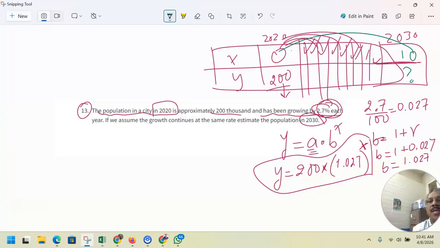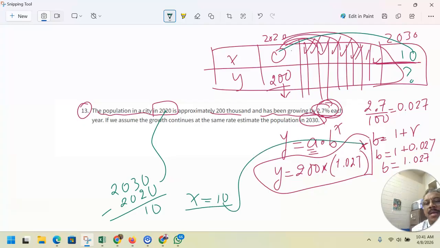So x is 10 years. How did you get 10 years? 2030 minus 2020, you get 10. This is what you plug in here, and you write 200 times 1.027 raised to 10. Use the calculator.